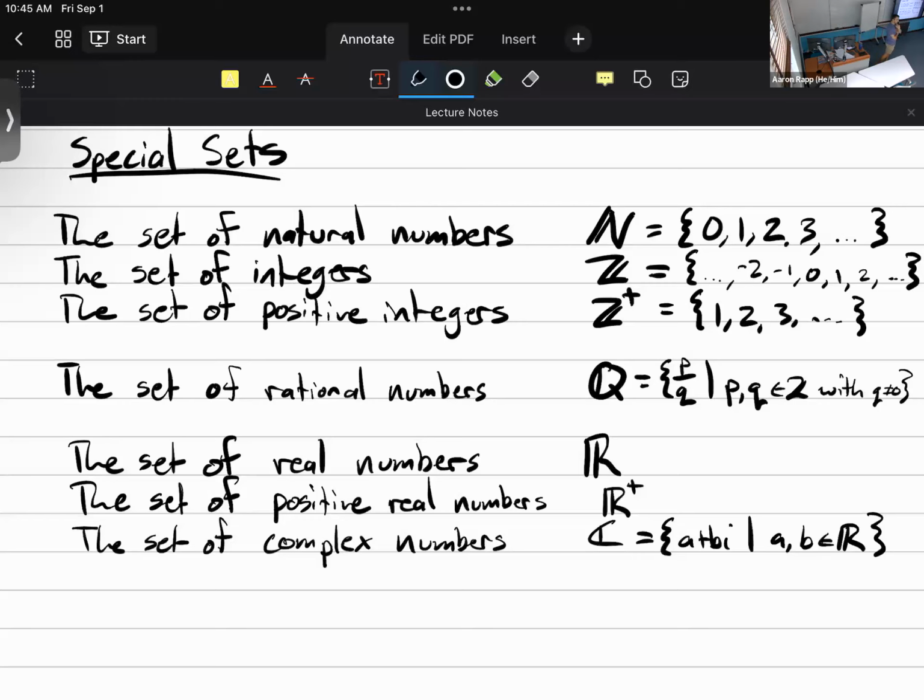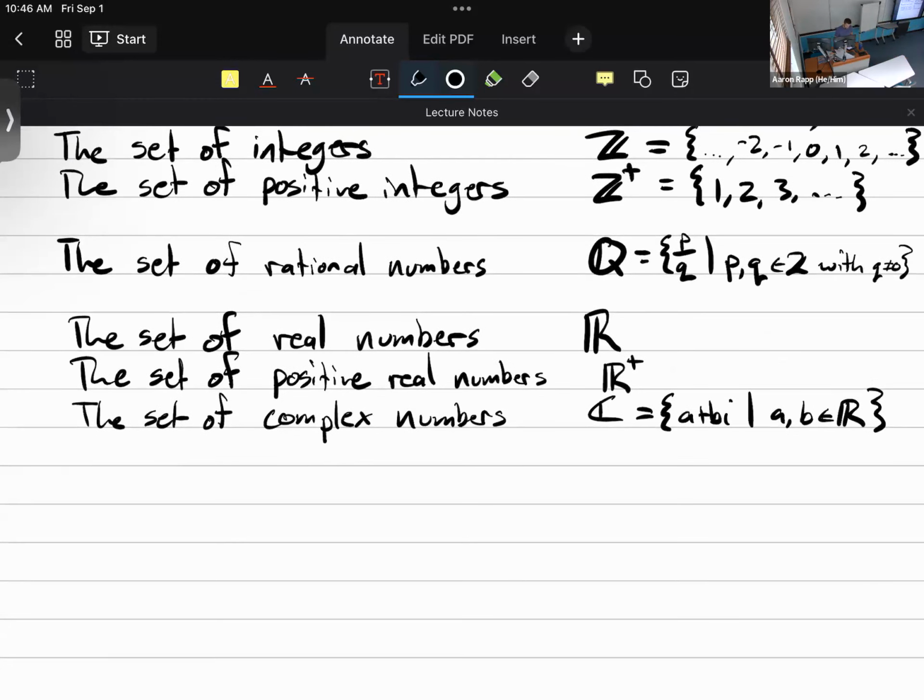Empty sets are another example, right? But a set is an object. So can you have a set inside of a set? Absolutely. You have to be careful when we're reading these things and trying to decipher what that means.